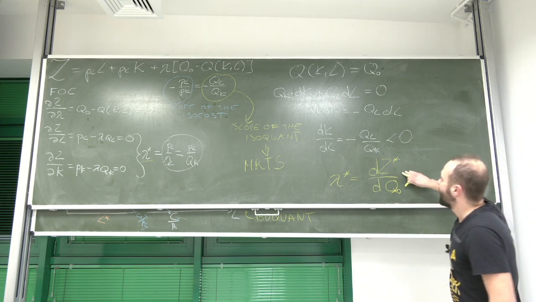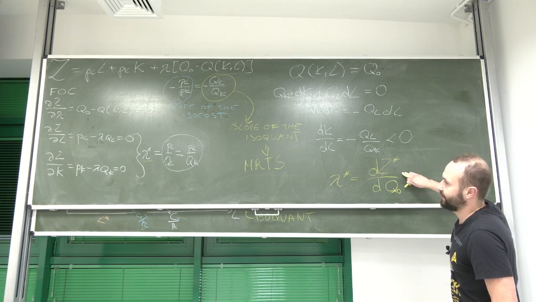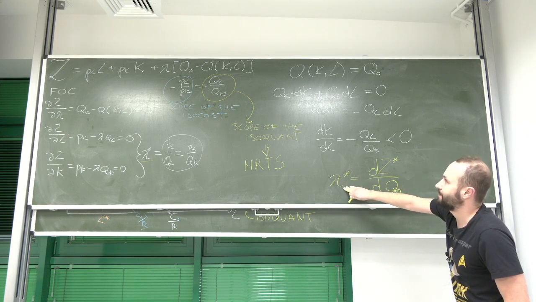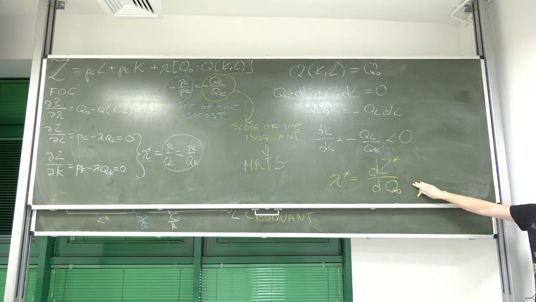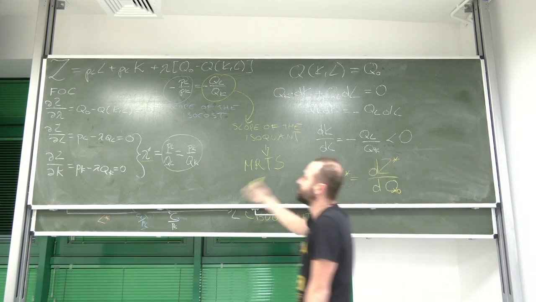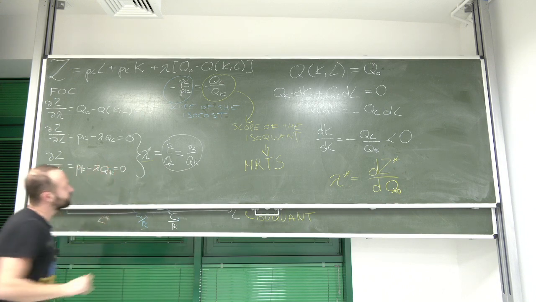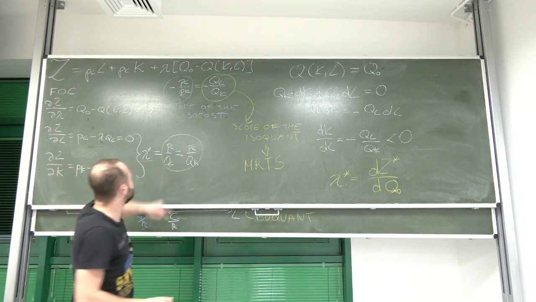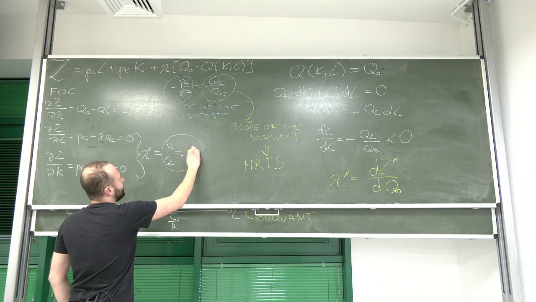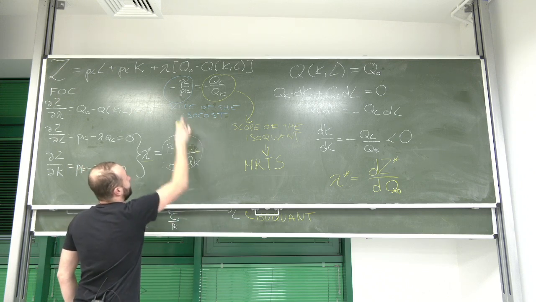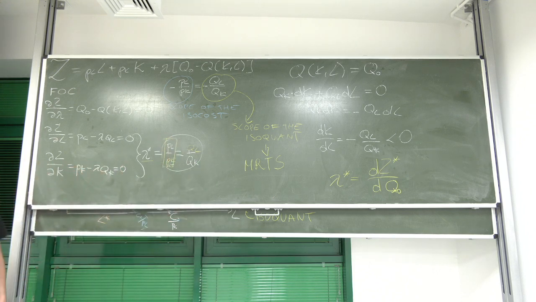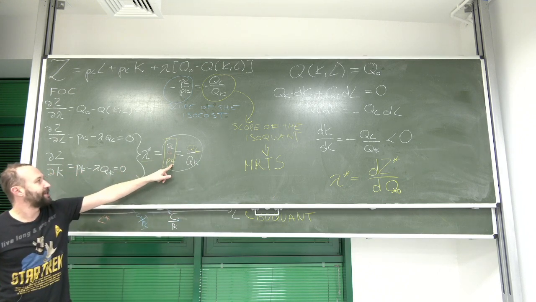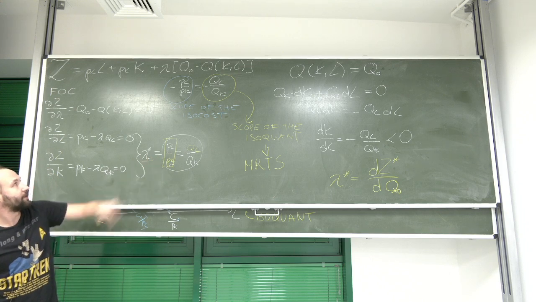And look, what we get out of it is that lambda is positive, because we expect this cost always to be positive, because when you produce something, you always need to use some resources. However, we can also get it from here, because just like we did here, we get that PL over PK is equal to lambda, right?